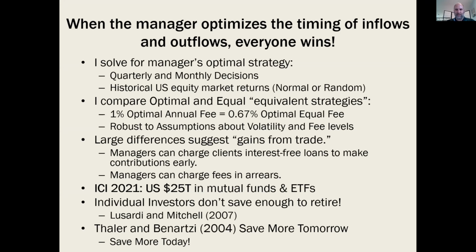So the way I think about the policy change that I'm proposing in this paper is, if Thaler and Benartzi in 2004 developed the Save More Tomorrow plan, where people pledge to save more in the future and then they automatically follow those plans when the future comes, I think of this as, save more today. So how do you just change the choice architecture of the investment management system to get investors to just want to save more, which is, like I said, pretty much good for everyone.